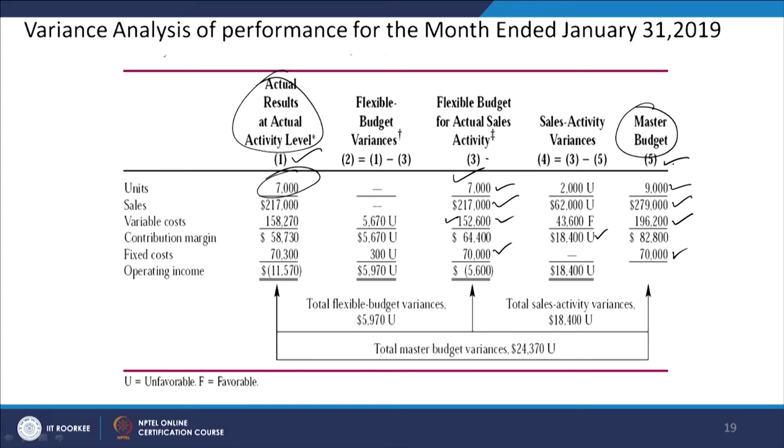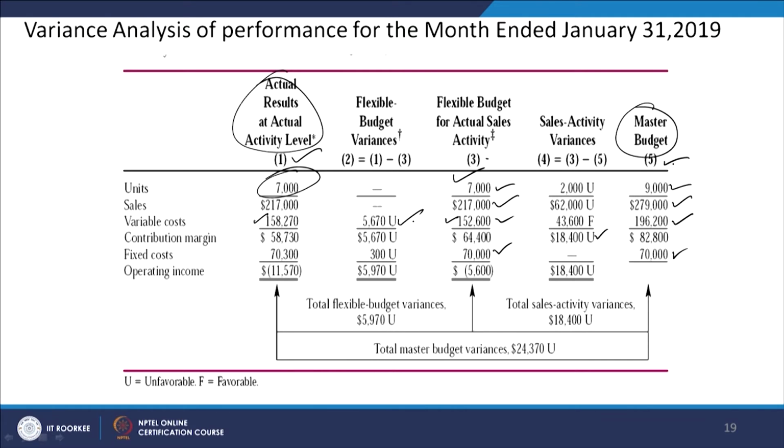Now, the variable cost as per the budget for the 7000 units was expected to be 1,52,600. How much has the variable cost actually been? It is 1,58,270. It means the variable cost has increased, a negative variance of 5670, which is a serious cause of concern. Variable cost should have proportionately come down when the level of activity came down from 9000 to 7000.